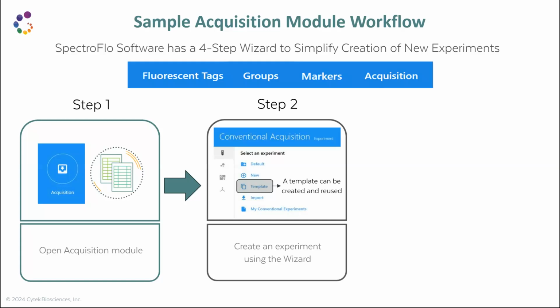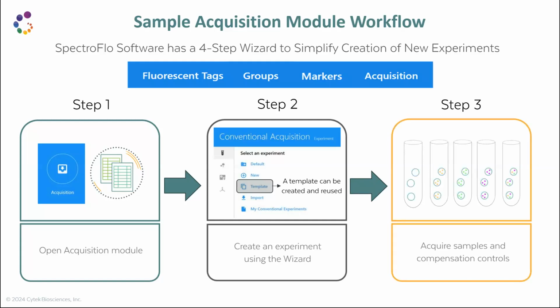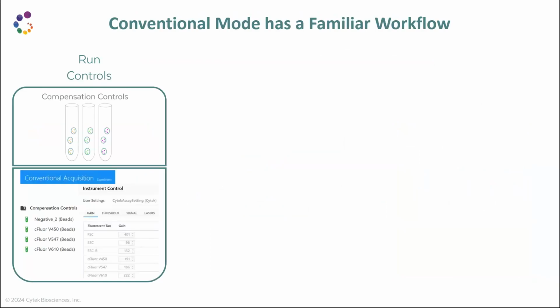After that is completed, you can start the acquisition of your samples and your compensation controls if you are in this particular conventional mode. Conventional mode has a very familiar workflow if you were using spectral before. You will run your compensation controls in this case.